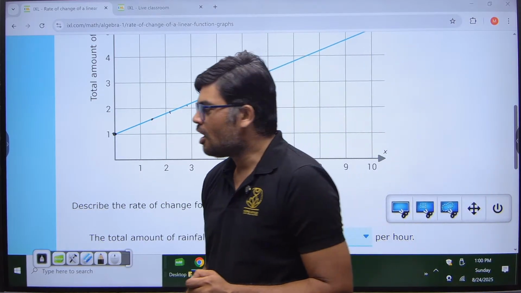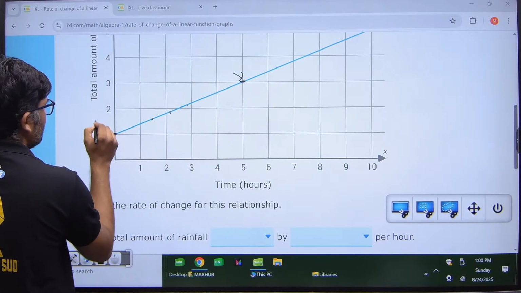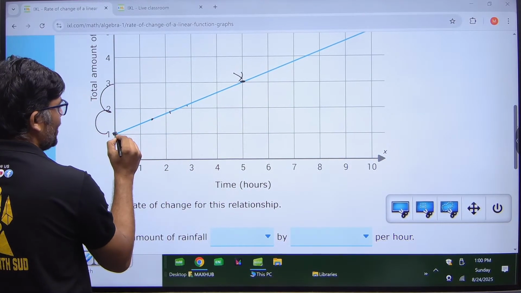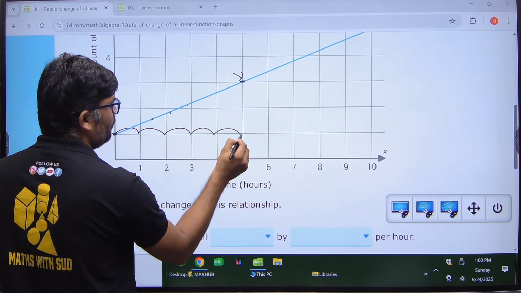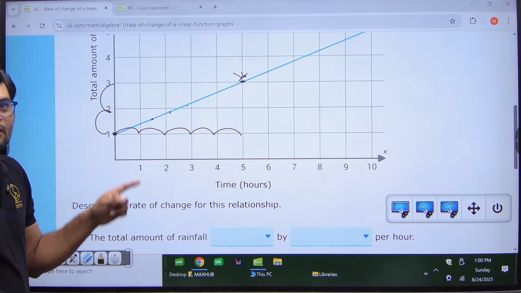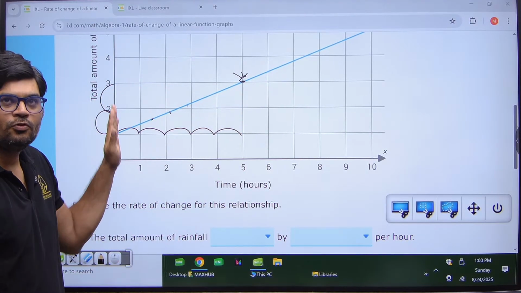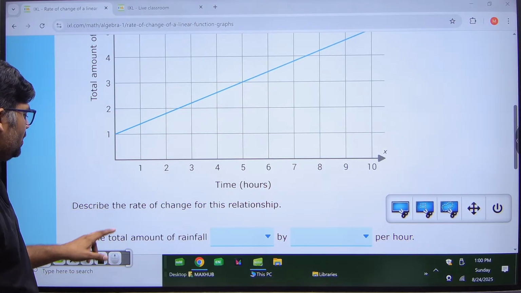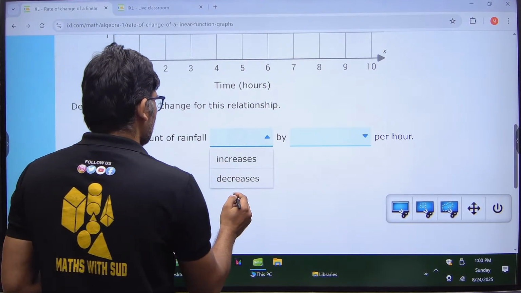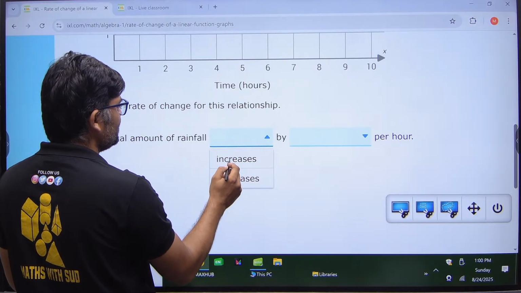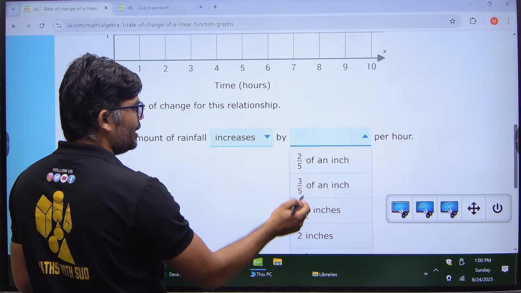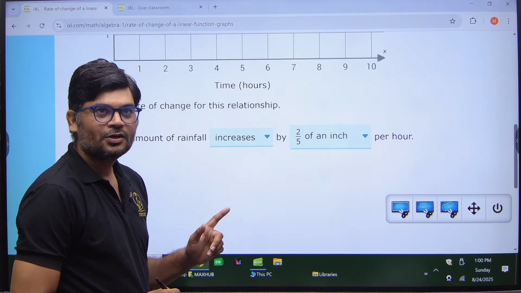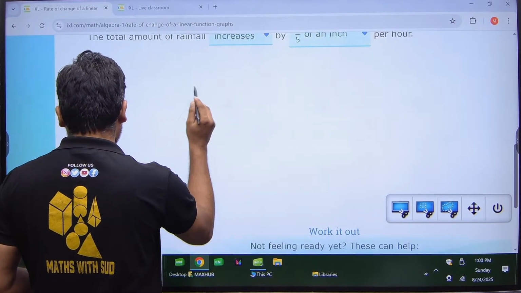Now you tell me how many units you have moved up. So 2 units, and how many units have you moved to the right? 5 units. 1, 2, 3, 4, 5. Can you see here? From here to here, I have to move 2 units up and 5 units to the right. So the change will be, okay, first of all, it is increasing and at the rate of 2 by 5. Are you getting it? 2 units up and 5 units to the right.